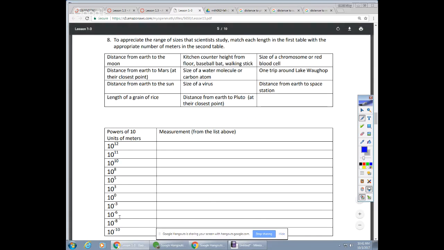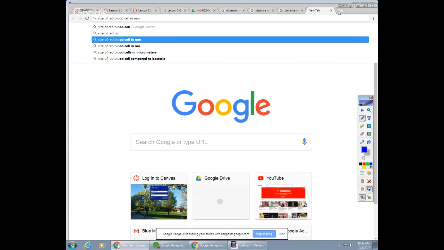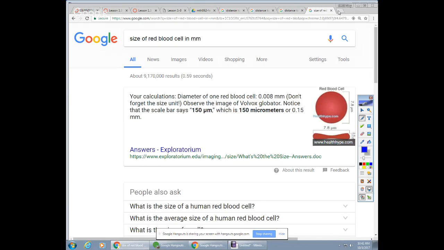Okay, so let's double check that. On the list here, red blood cell is probably going to be 10 to the negative 6. So let's look that up. Size of red blood cell in millimeters. It's calling it 150 micrometers. Remember we did that chart the other day with micros and nanos and all that? Or 0.15 millimeters.